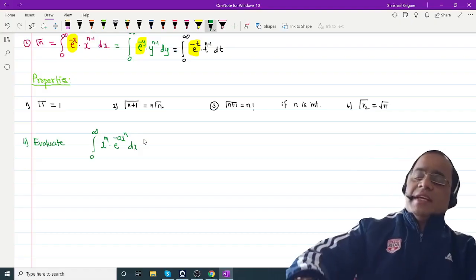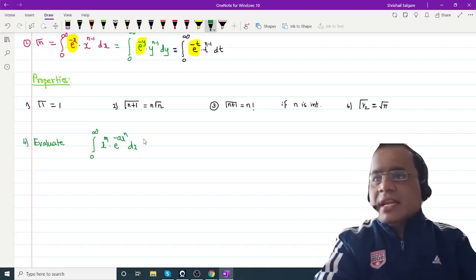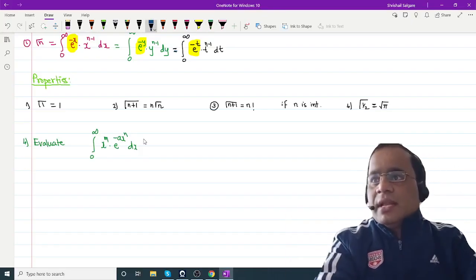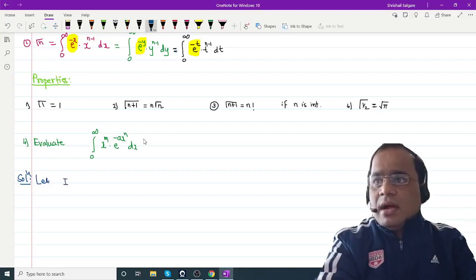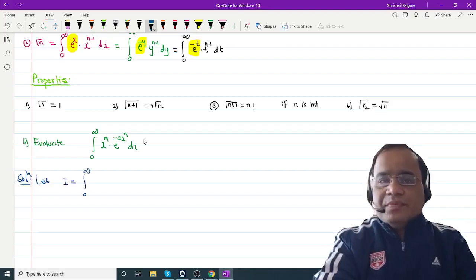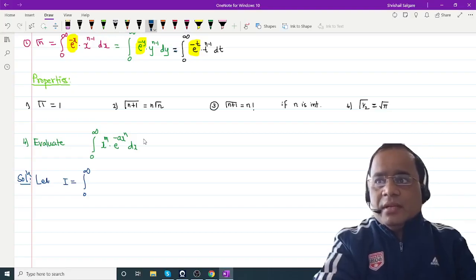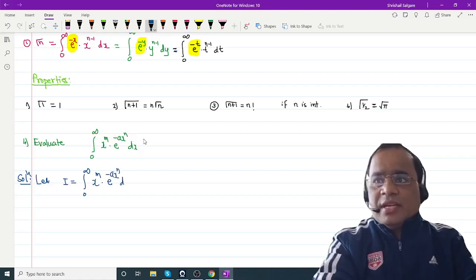In the first step, I will write that integral as I. Help me to guess the substitution. So let I is equal to integral 0 to infinity x raised to m into e to the power minus a x raised to n dx.